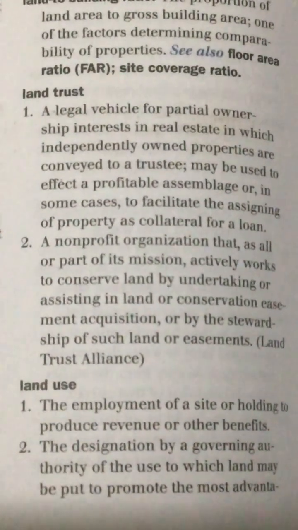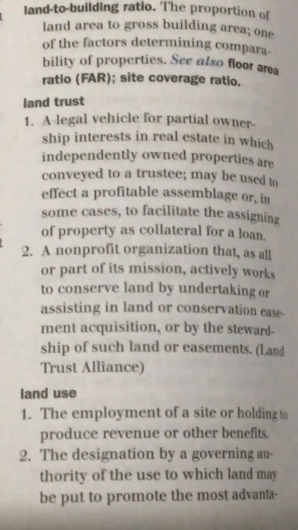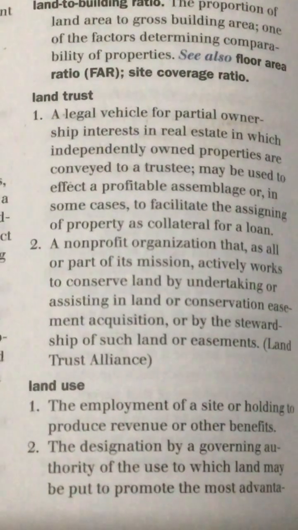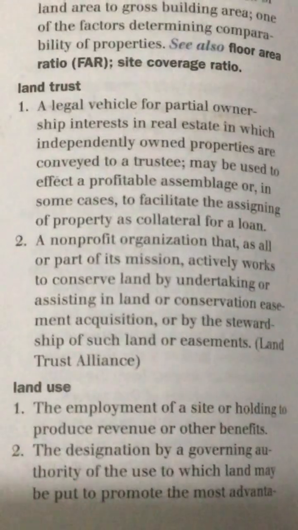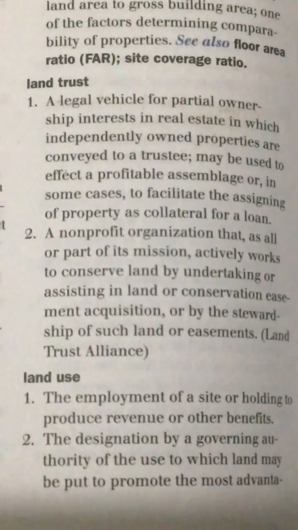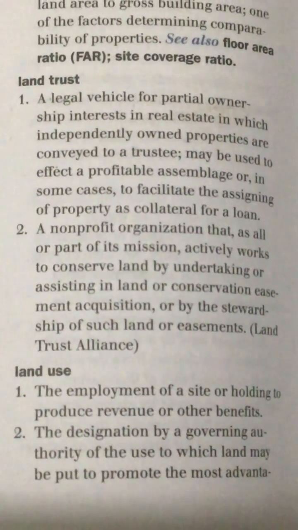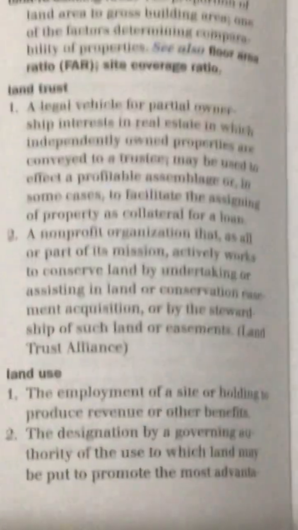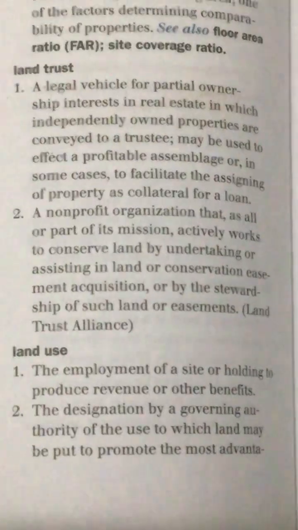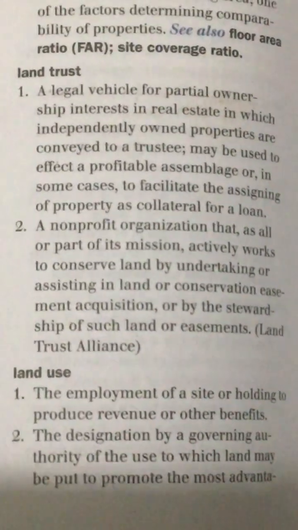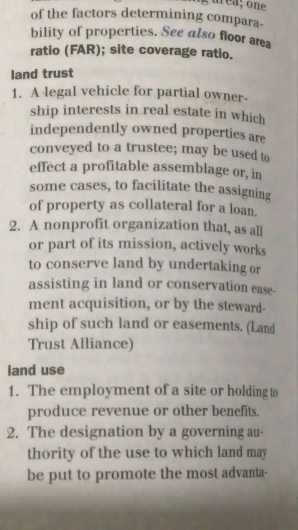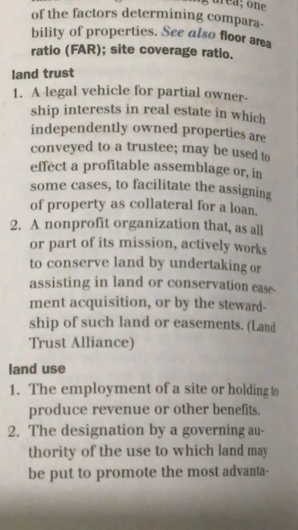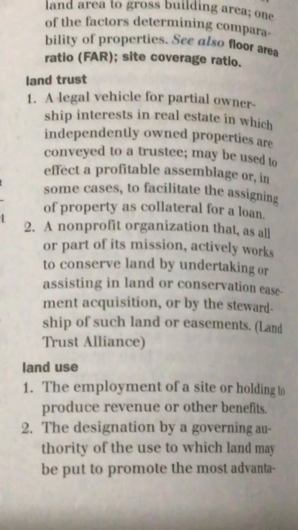Land trust. Number 2, a nonprofit organization that, as all or part of its mission, actively works to conserve land by undertaking or assisting in land or conservation easement acquisition, or by the stewardship of such land or easements. See Land Trust Alliance.